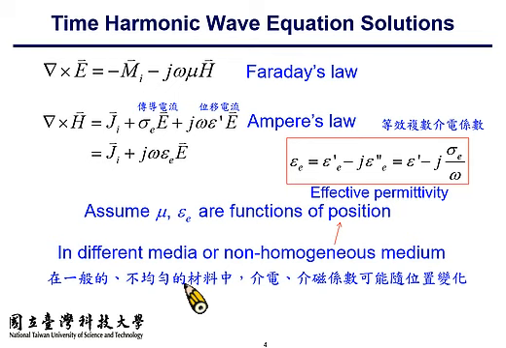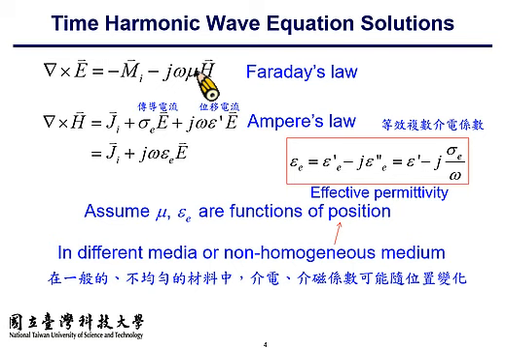So let's go back to the Maxwell equations. The top is Faraday's law, the second is Ampere's Kirchhoff law. As we already discussed last week, we introduced the so-called magnetic current and magnetic charge. In Faraday's law, on the left-hand side you have the curl of the electrical field intensity.